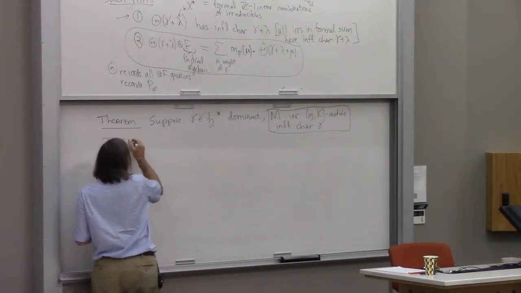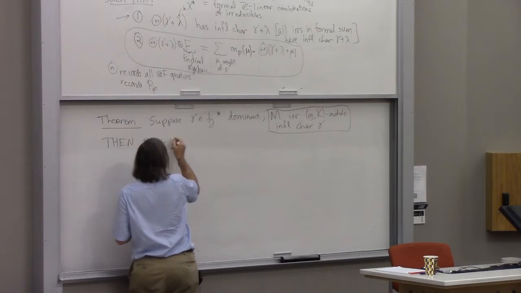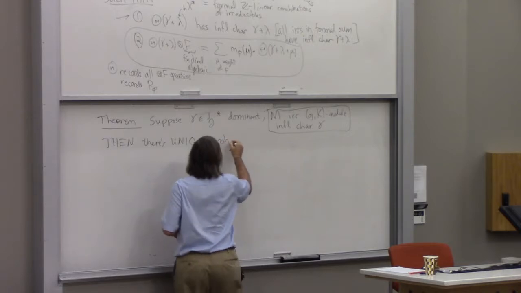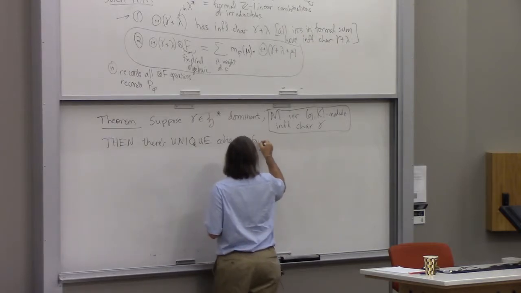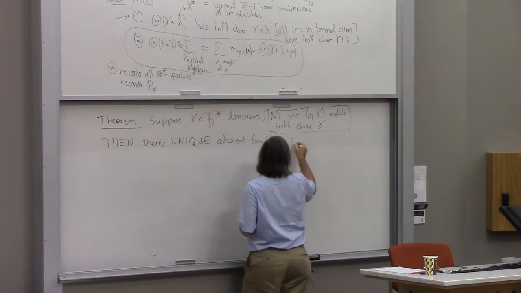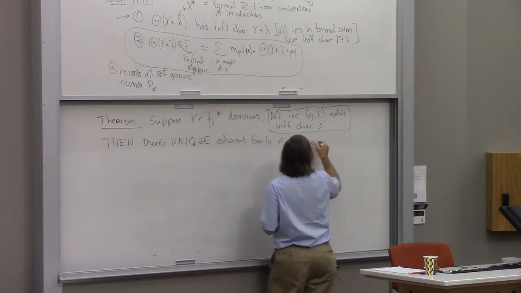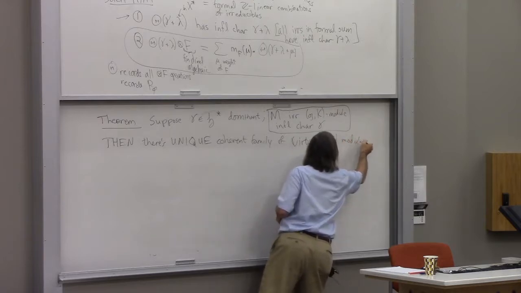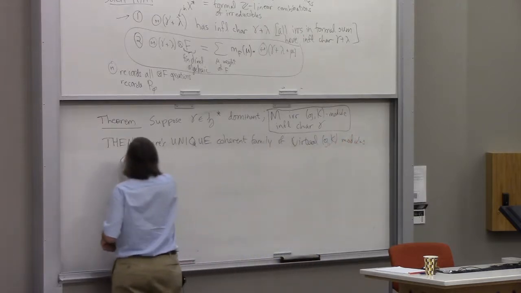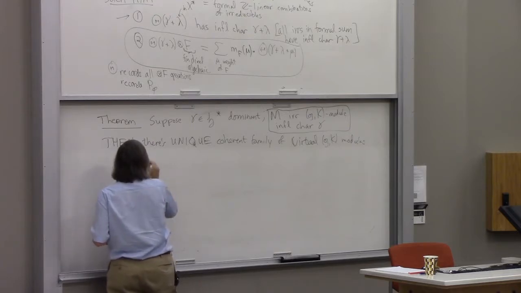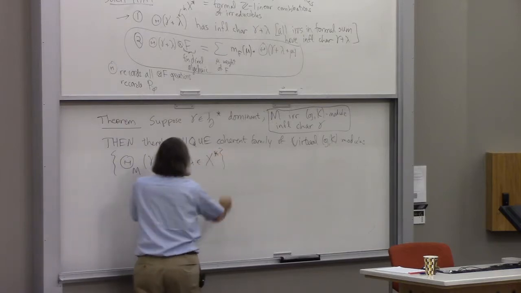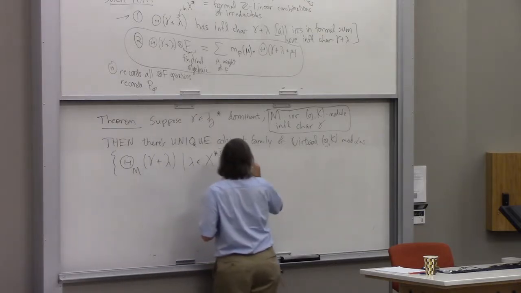Then the conclusion is that there's a unique coherent family of virtual GK modules, maybe I'll call it theta sub M of gamma plus lambda for lambda in X upper star, characterized by the following.